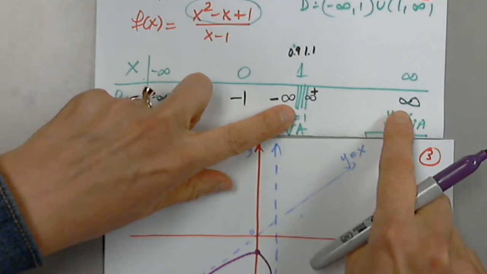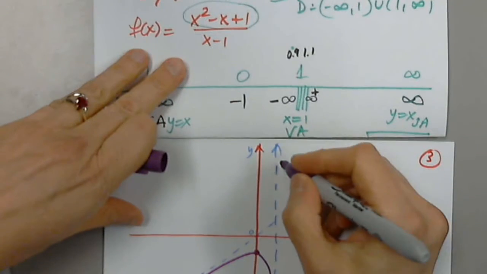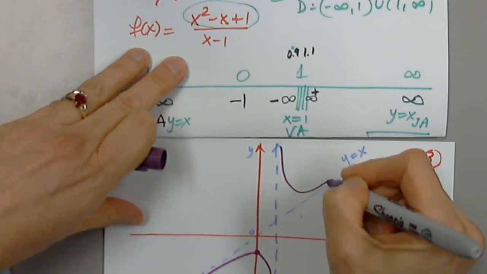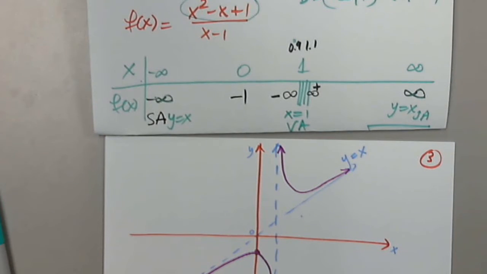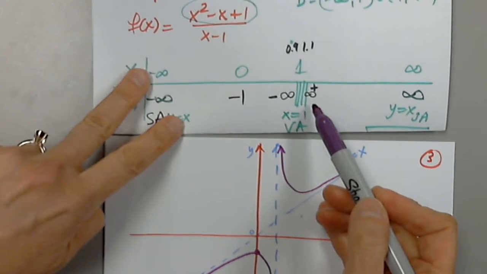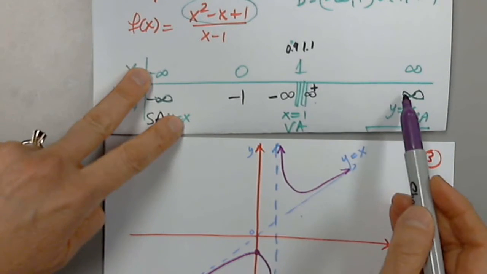From +infinity, no function can do this. Right? Has to do this. So it's coming from +infinity to a whatever minimum and eventually approaching the asymptote as it should. From approaching the asymptote here, approaching the slant asymptote here. Both infinities.